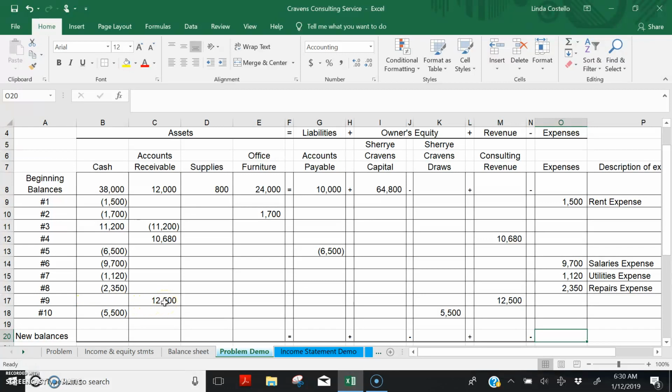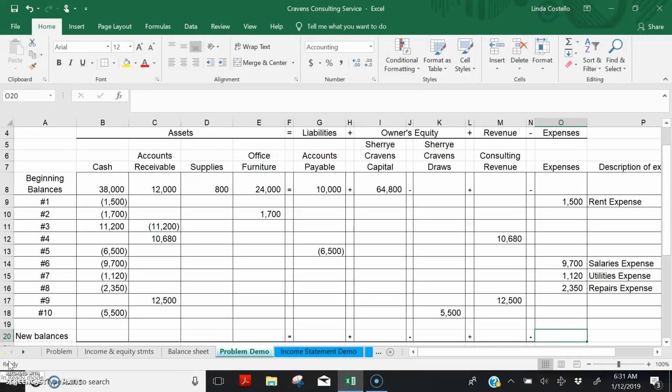Increase accounts receivable, increase consulting revenue. And number 10, wrote a check to Sherry Cravens in the amount of $5,500 for personal use. Decrease cash, $5,500. Increase Sherry Cravens draws, $5,500.